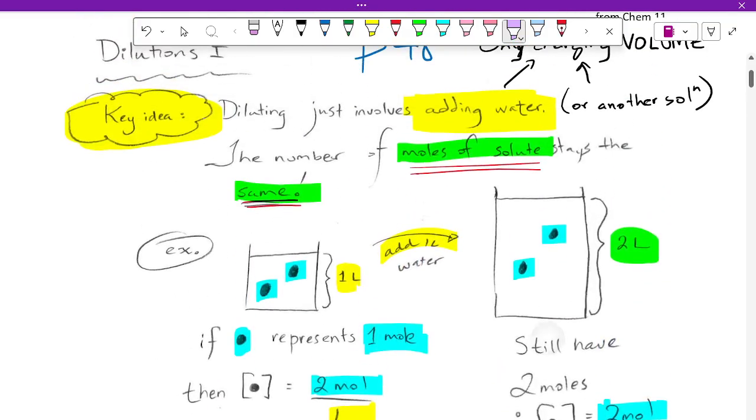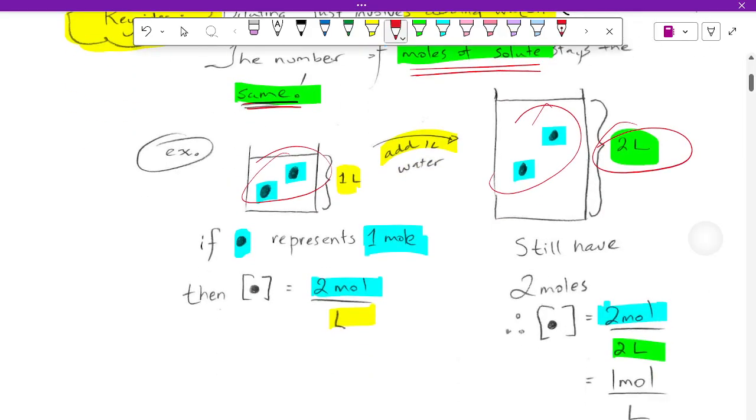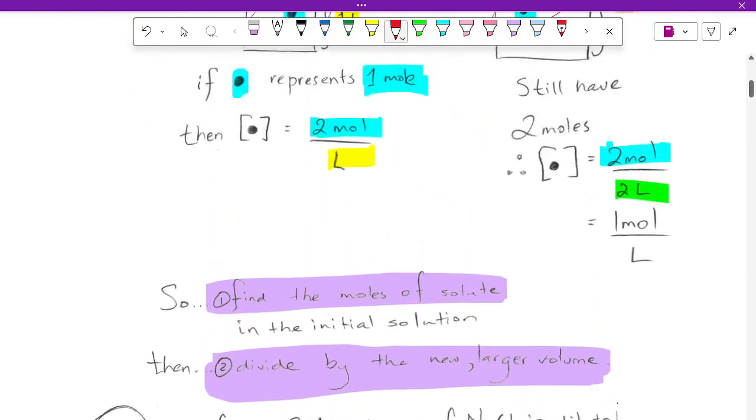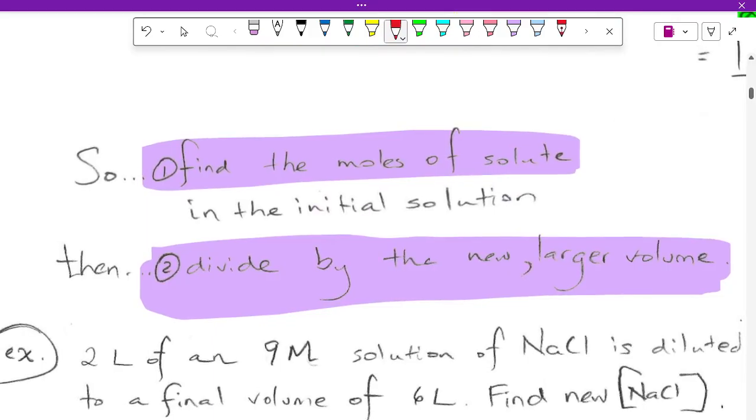Right? Because here we were like, oh, I've got 2 moles of solute. It is now in 2 liters. 2 divided by 2 is 1 molar. So if we have an example like this, 2 liters of a 9 molar solution of NaCl is diluted to a final volume of 6 liters. Find the new concentration of NaCl.